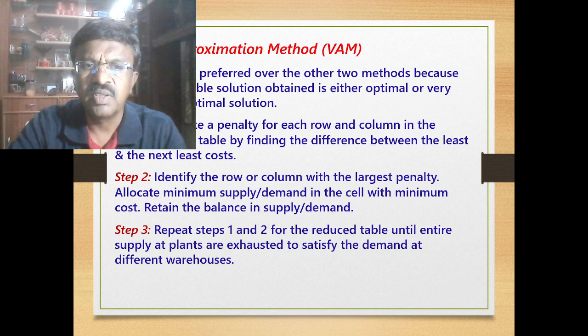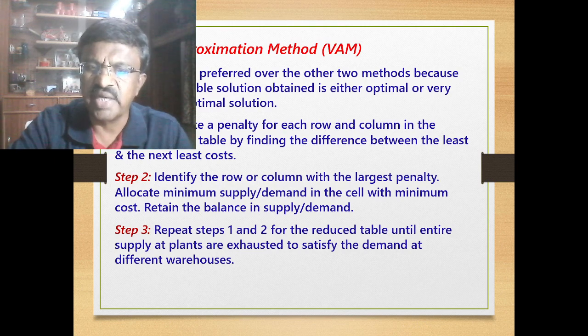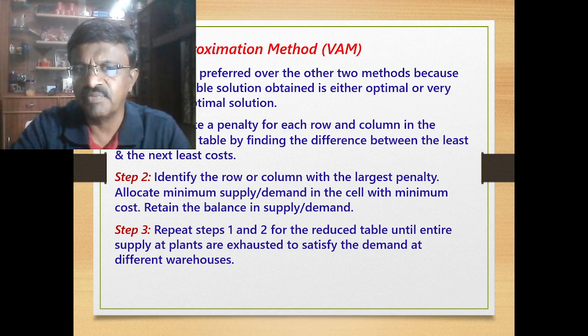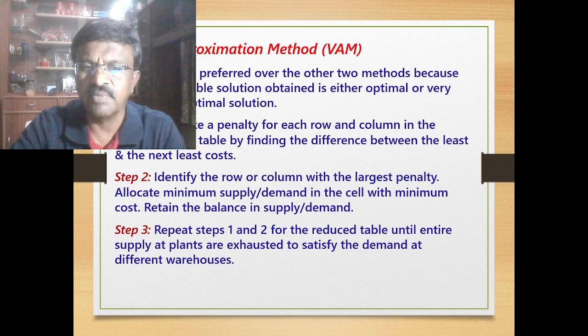There are three steps, roughly explained. Step 1, first look for each row, look for the least and next least element, find the difference, that is said to be row penalty. So find row penalties for each row. Similarly, find penalties for each column.